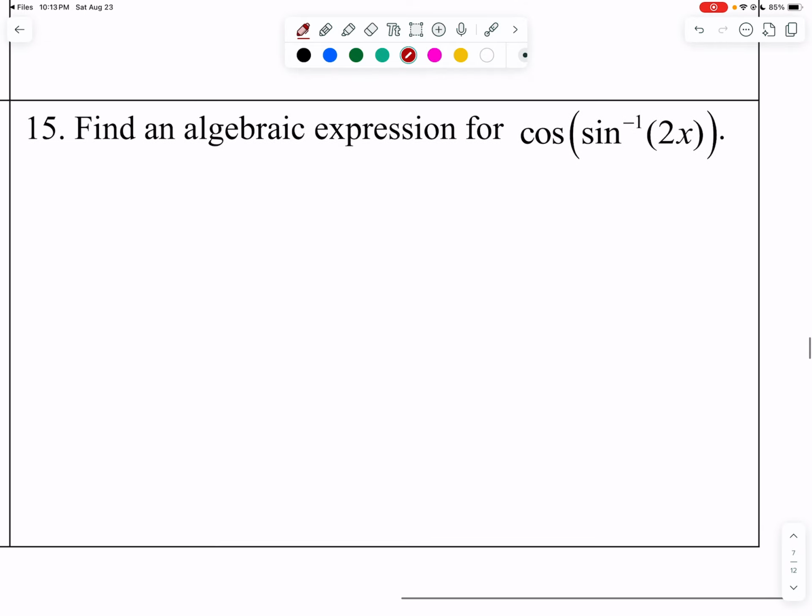All right, likewise for number 15 here, we want to find an algebraic expression for this lovely thing. So what I'm going to do here is think about, okay, I have 2x. I'm going to put this over 1, just so that whenever I do opposite over hypotenuse, I know that 2x is my opposite, and then I know that my hypotenuse is 1.